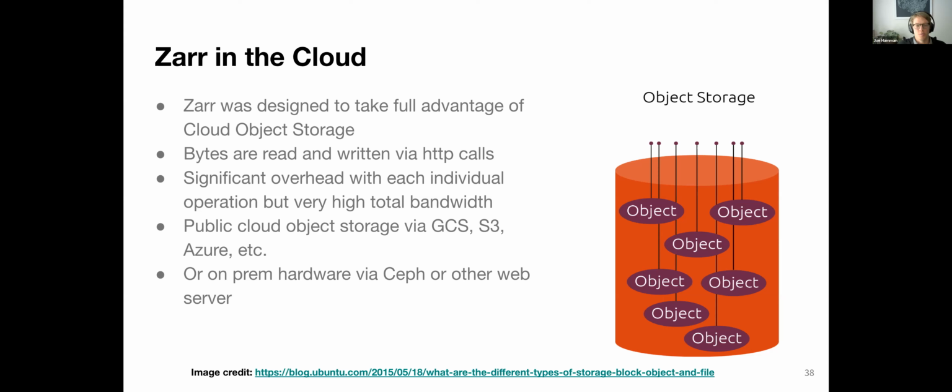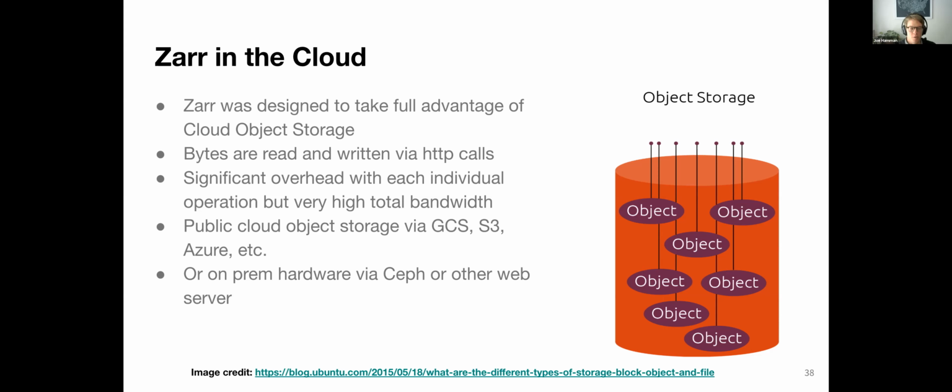Zarr was from the very beginning designed to take full advantage of cloud object store. As opposed to a POSIX-like file system where there's a file table that is maintained, object store is more of a bucket with keys in it, and the keys in the bucket are not necessarily organized in a meaningful way.